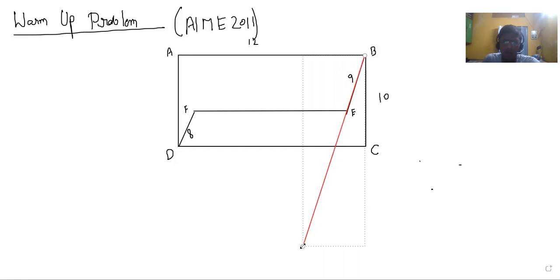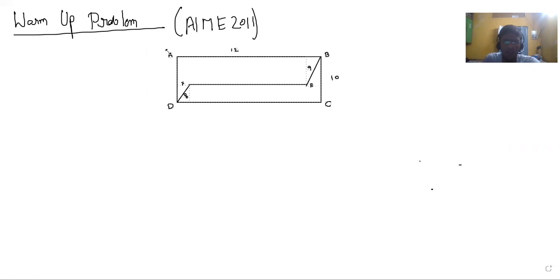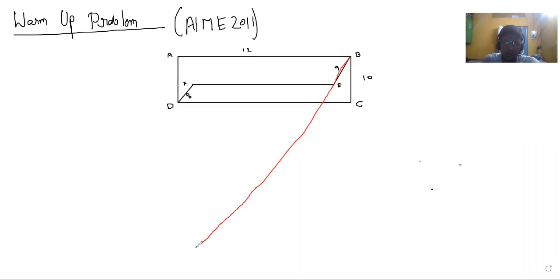As you see in the question, they are saying that BE intersects the line segment AD.